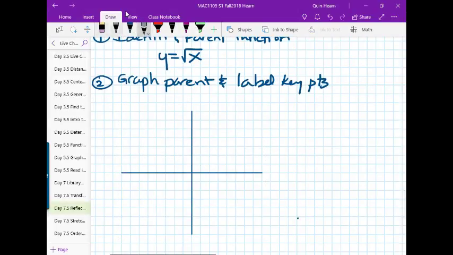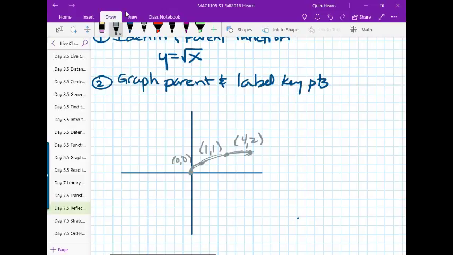So we're going to plot (0, 0), (1, 1), and (4, 2), and graph that parent function. Make sure that this does not look like a straight line. It should have some curve to it.